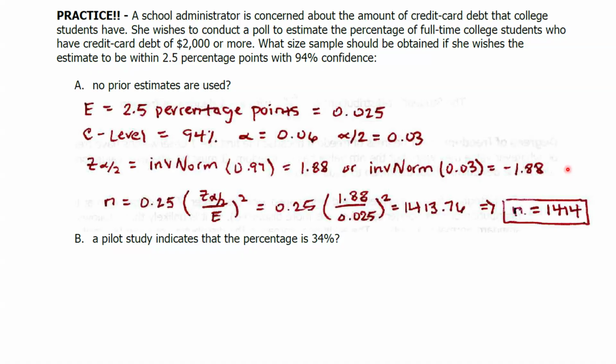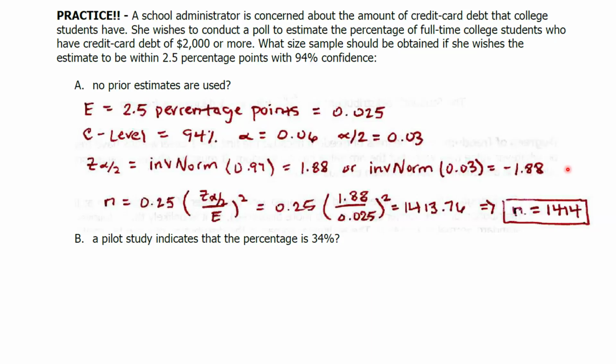So for the first one, A, no prior estimates, you would be using the second equation where your margin of error is 2.5 percentage points, so that's 0.025. Your C level is 94%, so that's your confidence level. So that means alpha is 0.06, so alpha divided by 2 would be 0.03.